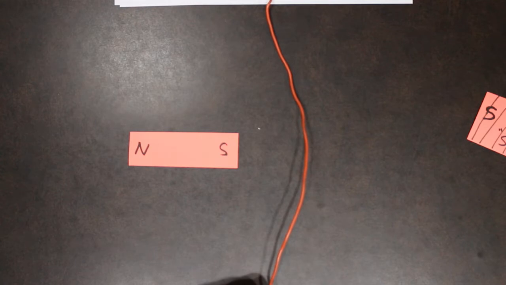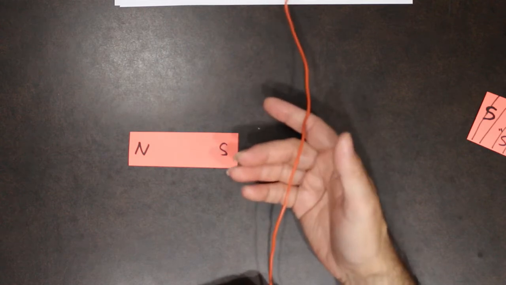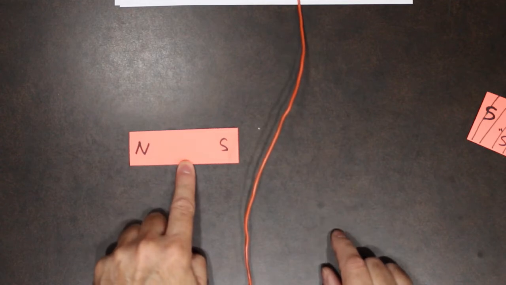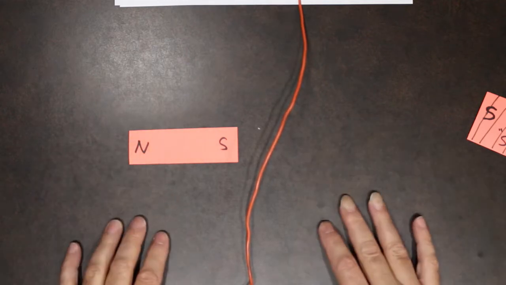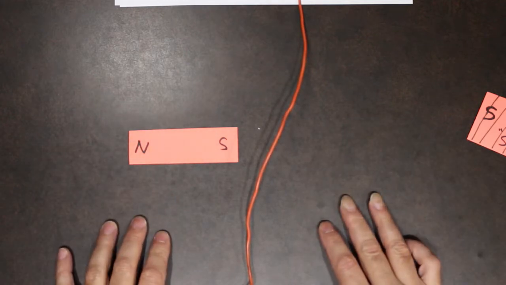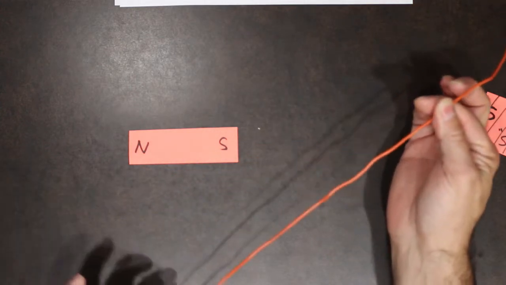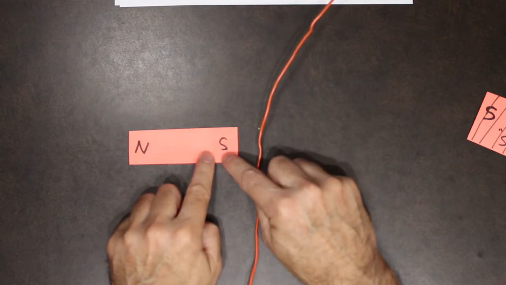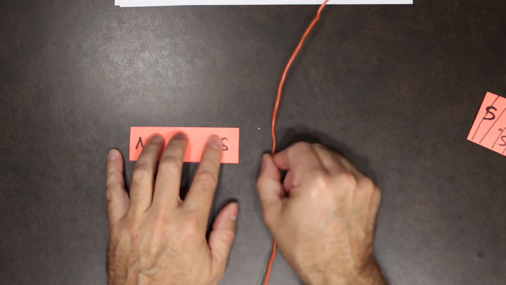So we have to figure out how this conductor moves when it interacts with a magnetic field. That ends up being the majority of our discussion today: how a current carrying conductor moves when it comes into contact with a magnetic field.